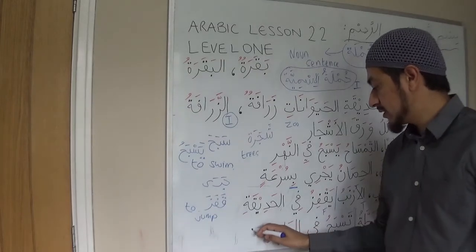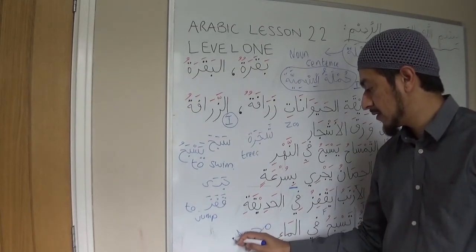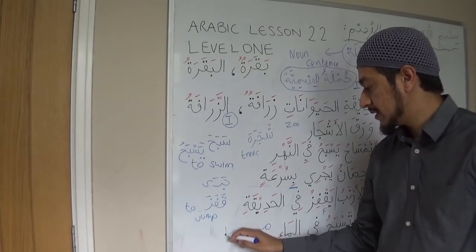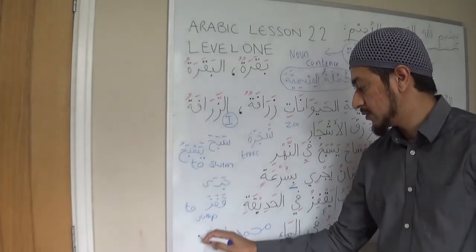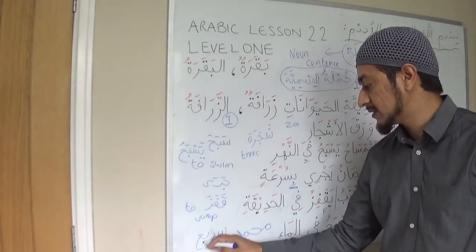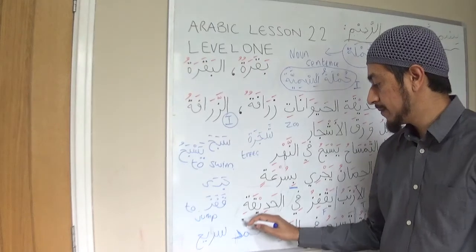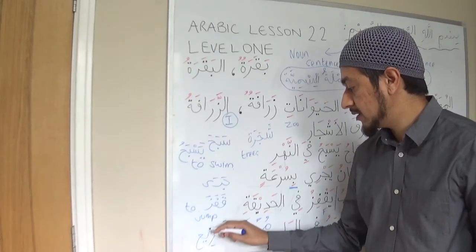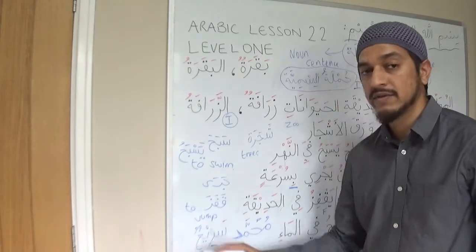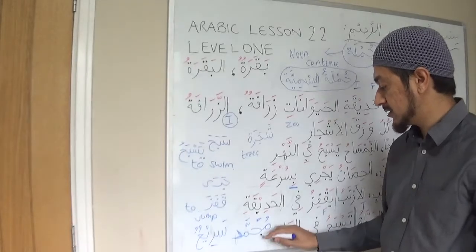Let's just carry on another example. Muhammad سريع. Muhammad is fast. So if you say Muhammad سريع, now here we haven't even got a verb, so just to show you this is a jumla ismiya.